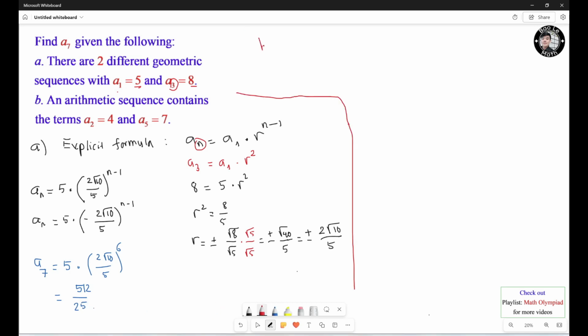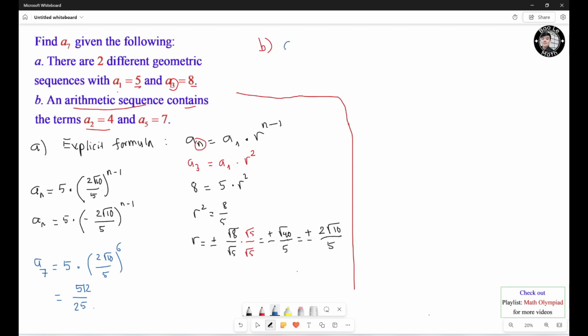Now, question B. An arithmetic sequence contains the term A2 equals 4 and A5 equals 7. Alright, so you have the explicit formula for arithmetic sequence.